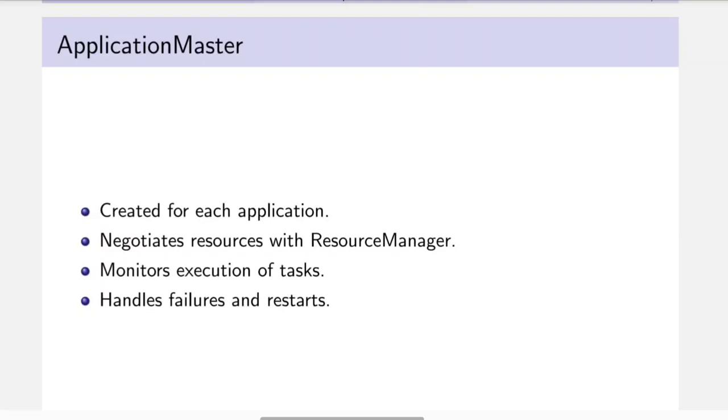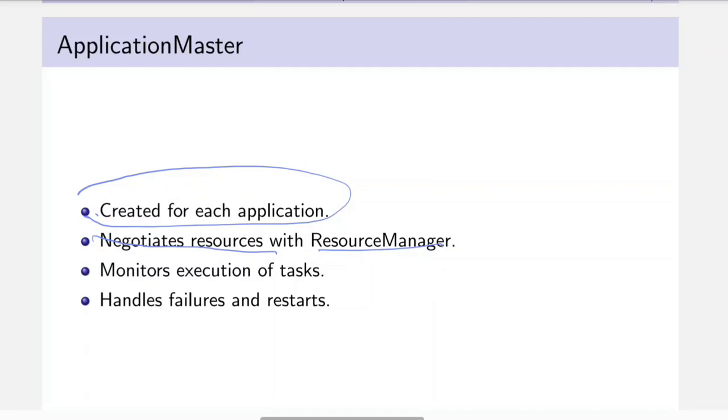The application master is created for each application. It negotiates resources with the resource manager. It says Vamshi requires so and so resources, Elias requires so and so resources, Sami requires so and so resources. It asks the resource manager, such that, let us say, you want some time for preparing, or you want to extend some exams.